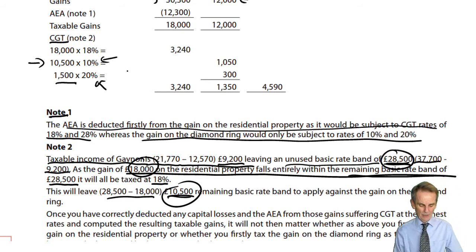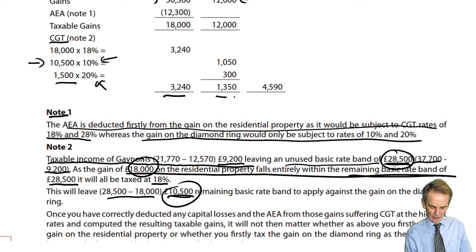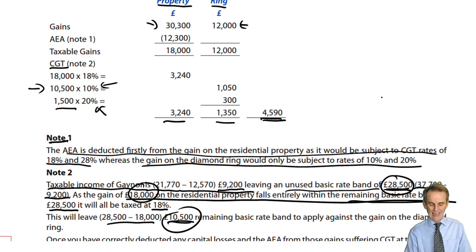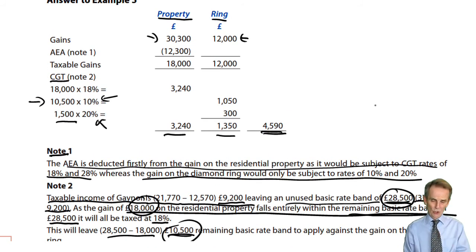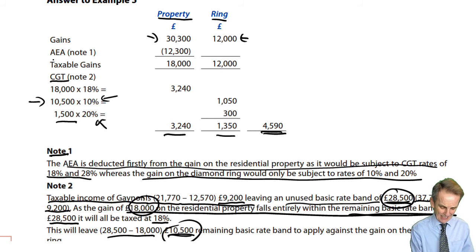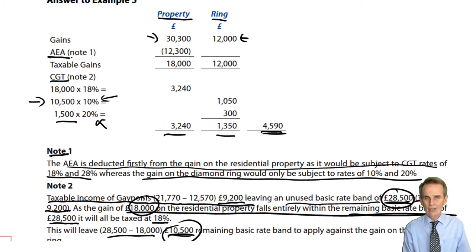Establish those capital gains tax figures for each asset, put them together, and we should end up with an overall CGT liability of £4,590. Now, what you've seen that we have done is, as we must and should do, and it's better for us, any deductions like the AEA or capital losses, put them against any gain that would be taxed at the higher CGT rates, to get individual taxable gains in those respective rate bands.